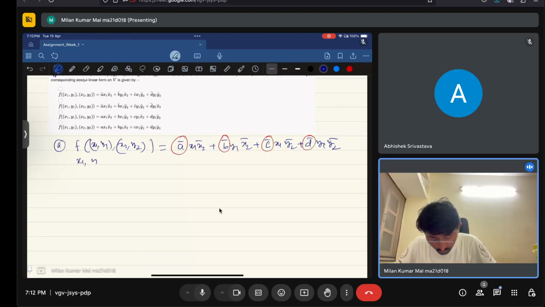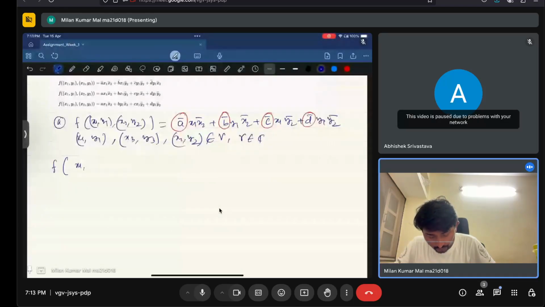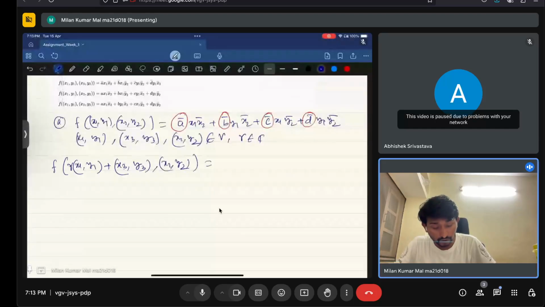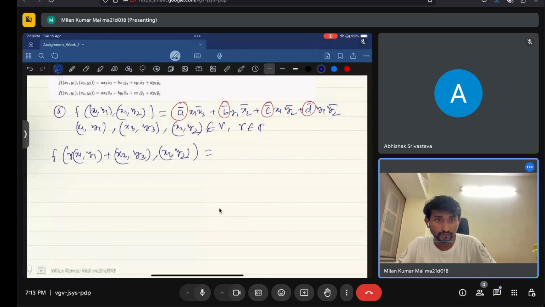Let's take three elements (x1, y1), (x3, y3) and (x2, y2), and some constant gamma. These all belong to the vector space V, and let gamma be a constant in the complex numbers C. Then f of gamma times (x1, y1) plus (x3, y3), comma (x2, y2), it will be equal to f of (gamma x1 plus x3, gamma y1 plus y3), comma (x2, y2).